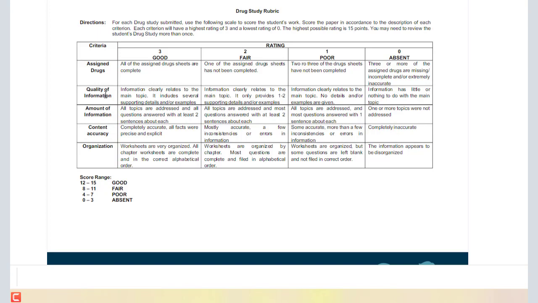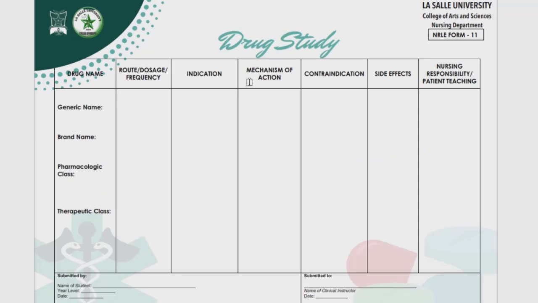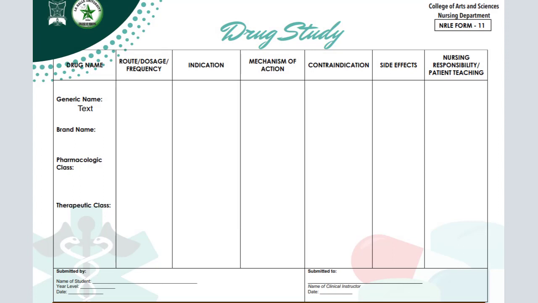That is how to organize it. Here in our school, the adapted drug study has the drug name, the route, the dosage, the frequency, the indication, the mechanism of action, the contraindication, the side effects, the nursing responsibility, and the patient teaching. Supposedly the nursing responsibility and the patient teaching are separate columns, but in the one we use, they are combined.